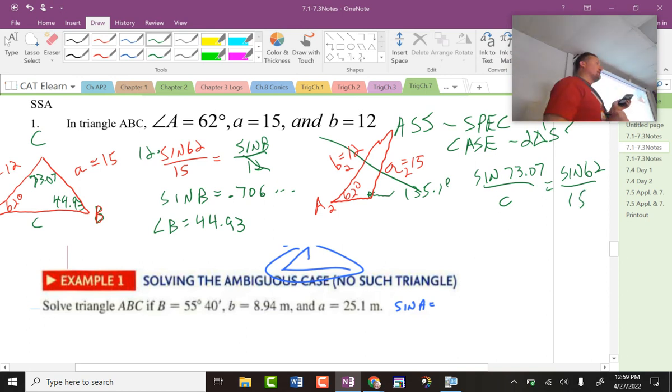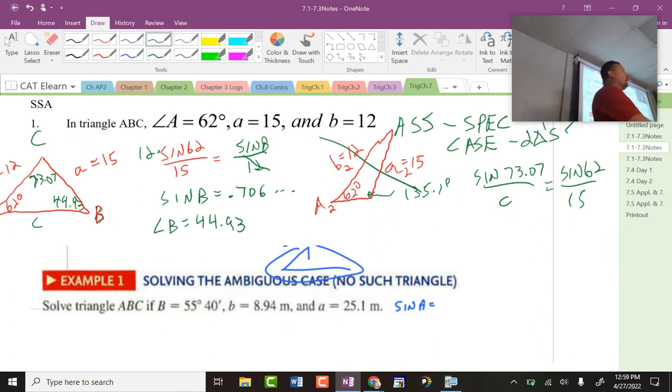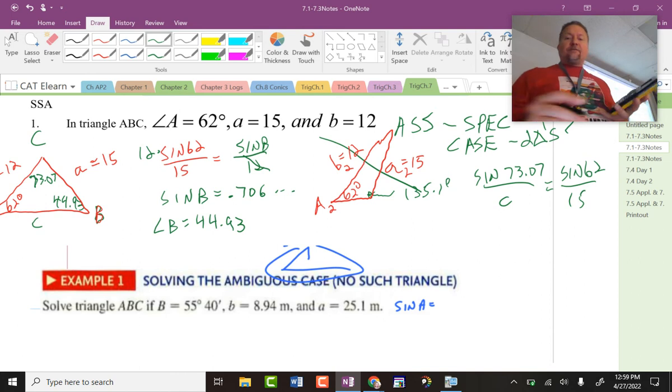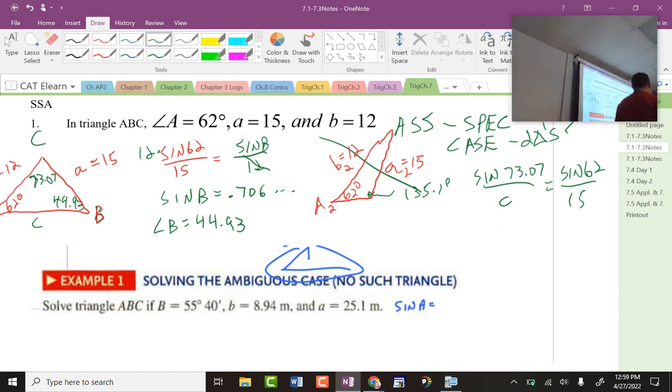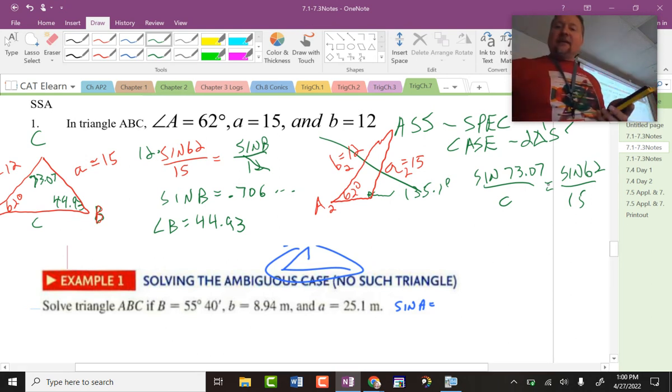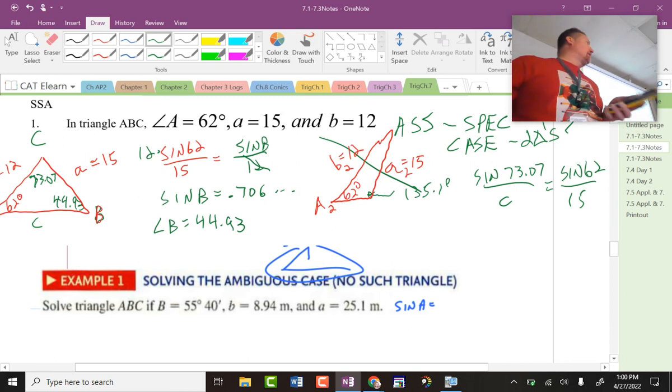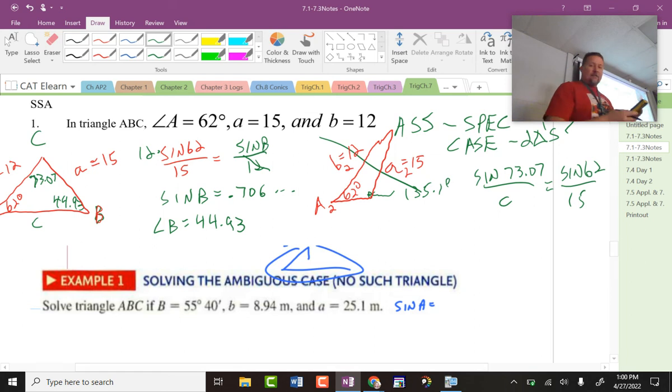Remember this conundrum because when we go to the law of cosines tomorrow, they're going to be really careful in using the law of cosines because of this problem. It's very simple, but I shouldn't have to teach seniors how to cross multiply. Okay, it's going to be 15 times this, and then have these switch. So you're going to end up dividing by sine 62.